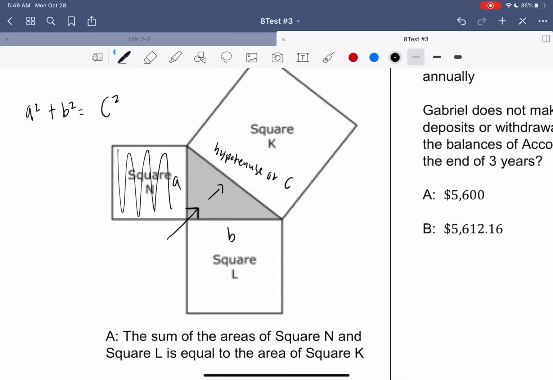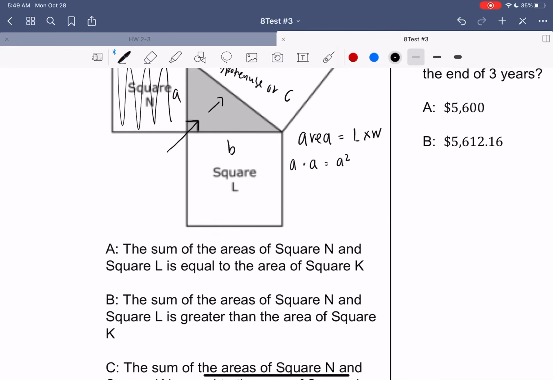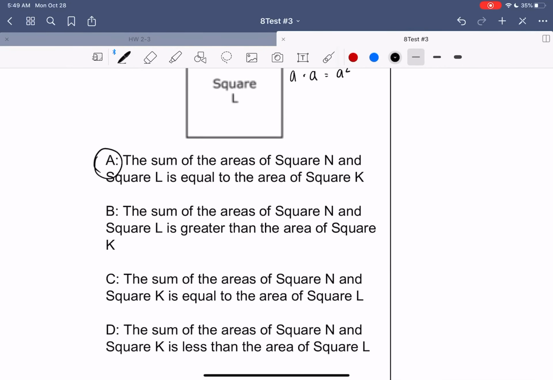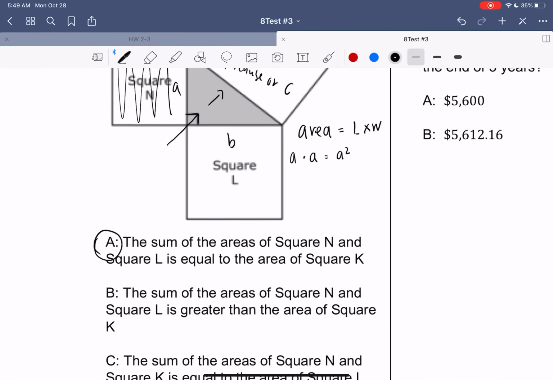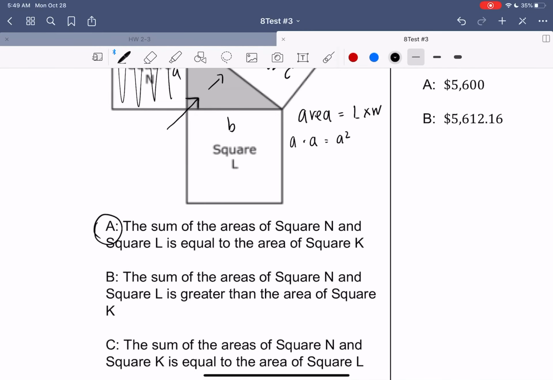And so when you find the area, length times width, that is taking A times A, A squared, so that finds your area. So to me it looks like this is going to be our correct answer. The sum of the areas of square N and square L is greater than the area of square K. No, because they have to be equal.